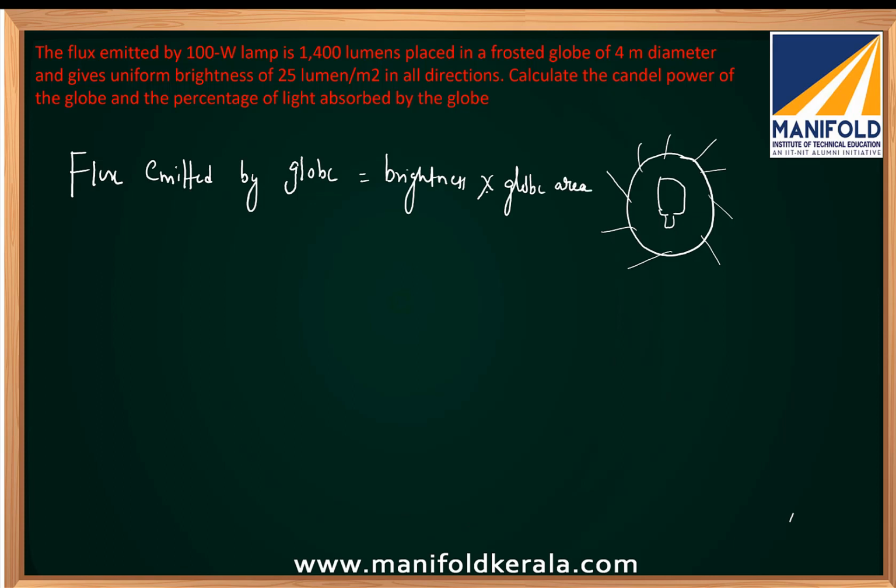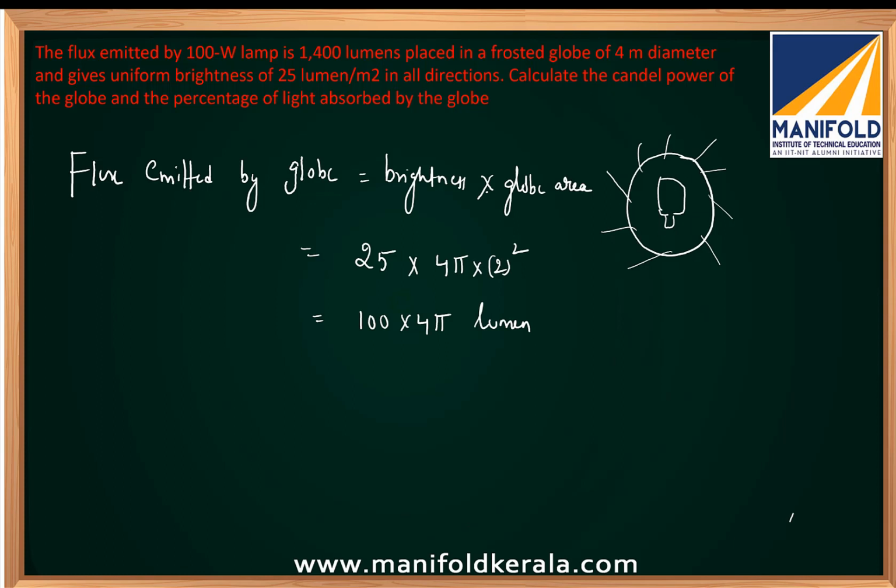The brightness is 25 lumen per meter square, multiplied by the total surface area of the globe, which is 4 pi r square, where r is 2 mm. If you calculate this, you get 100 into 4 pi lumen, which is the total luminous flux emitted by this globe.